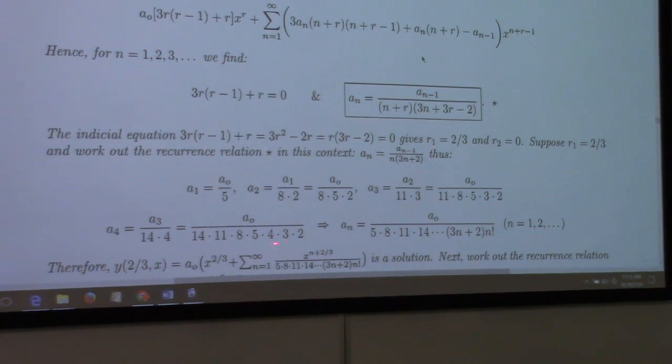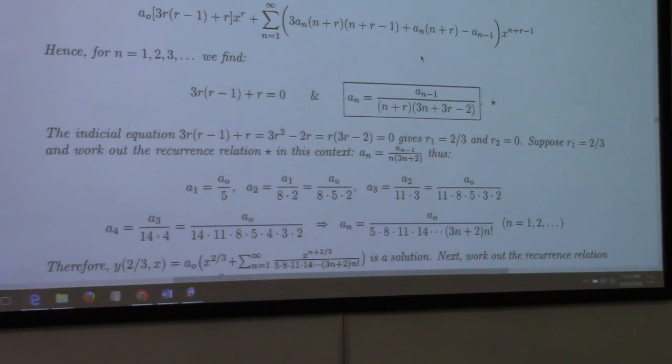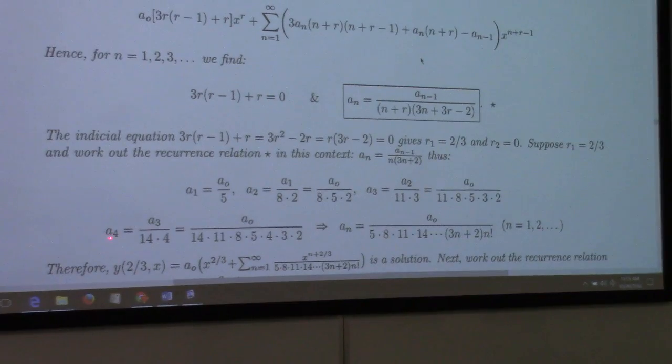I'm pulling out this 2, this 3, this 5, and the next thing is there's a 6 from the, there's not a 6. The 5 comes from a sub 5. There's another 5 that appears at a sub 5, right? So I just keep pulling off these. Basically, I keep pulling off the n that appears here to create an n factorial, and the rest of them are just 3n plus 2, I think.